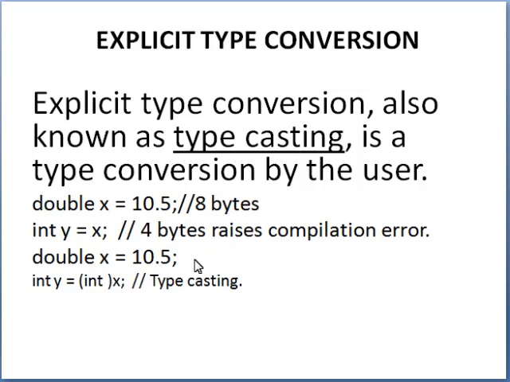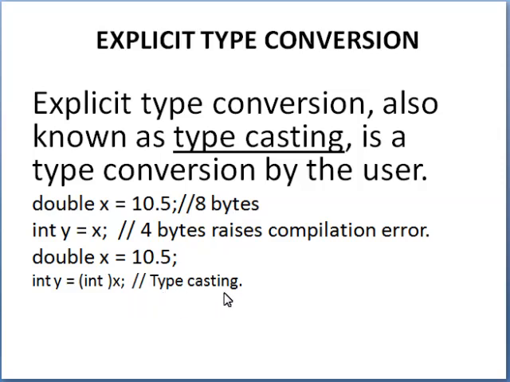So we explicitly typecast it. Double x is equal to 10.5, then you write int y equal to (int) x. First we are going to convert this double x into integer. This is called typecasting. This conversion is done by the user.